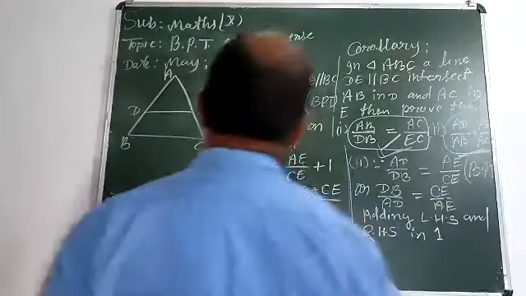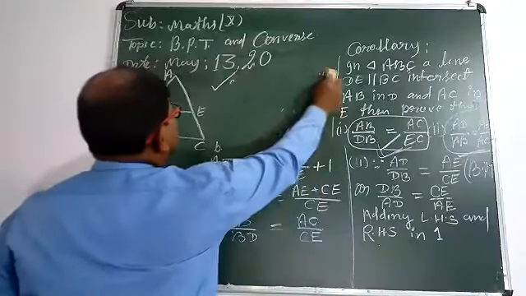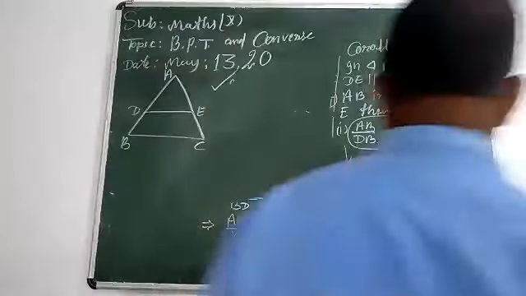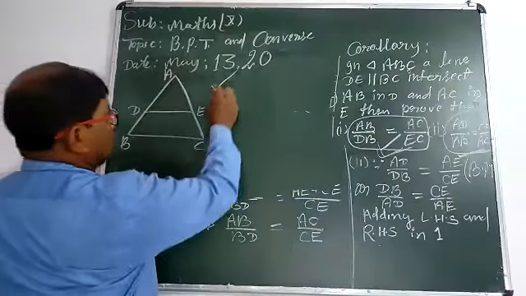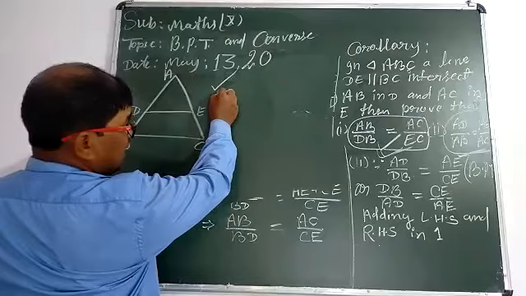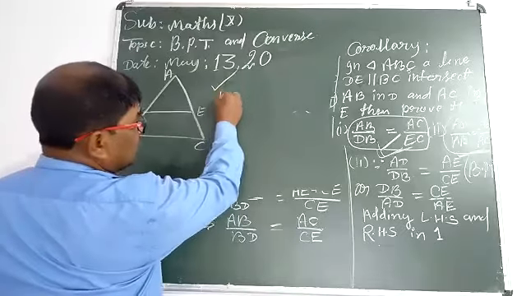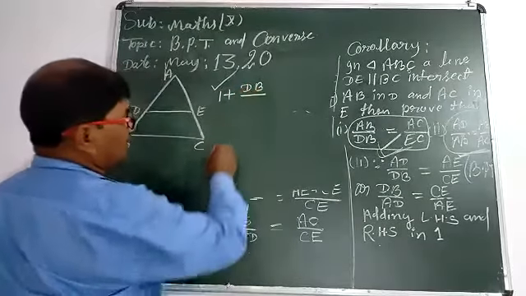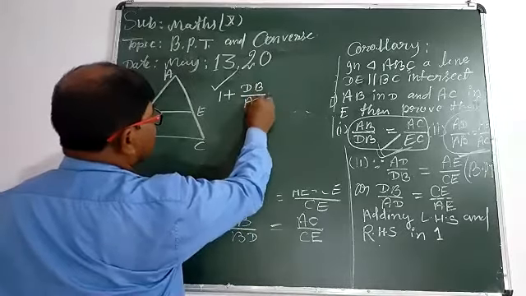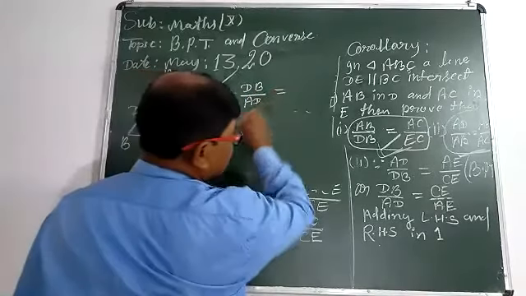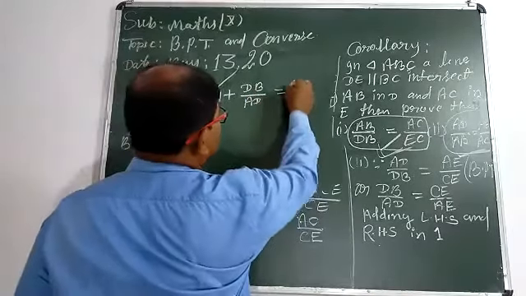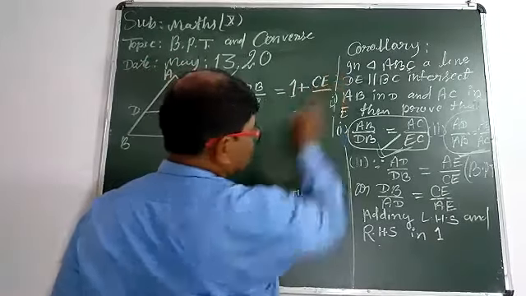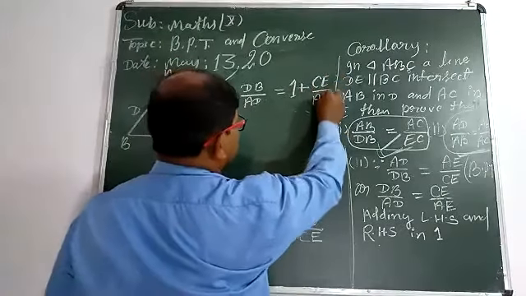Adding LHS and RHS in one. So you should write 1 plus DB upon AD equal to 1 plus CE upon AE.